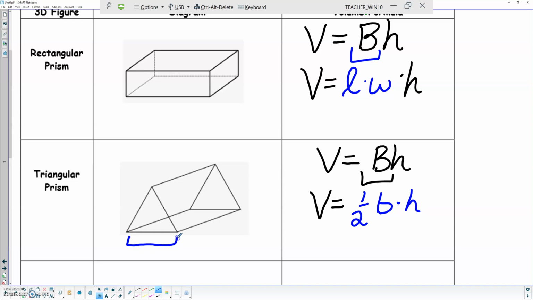Here's the base of my triangle, and we're going to call the height of the triangle H1. So we don't get confused, I'm going to call the height of the prism H2. That would be the volume of a triangular prism.